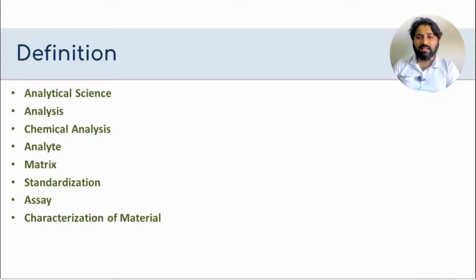Now the next is the characterization of the material. Why are we using this analytical science, or these methods to do the assay or the standardization? Because of the characterization of a material or a product. It is a combination of qualitative plus quantitative.